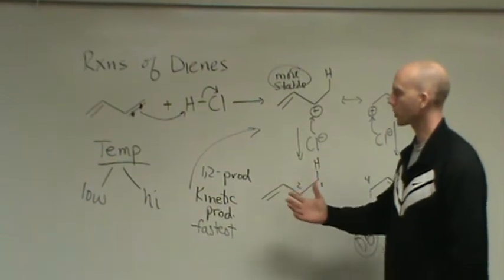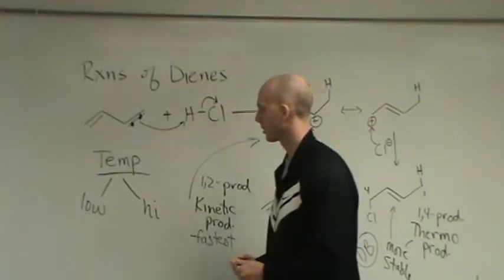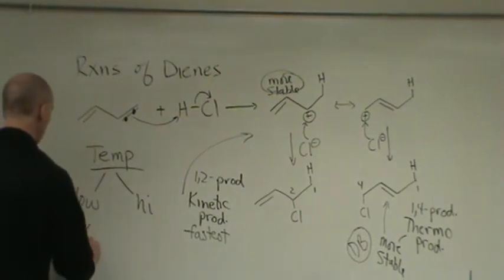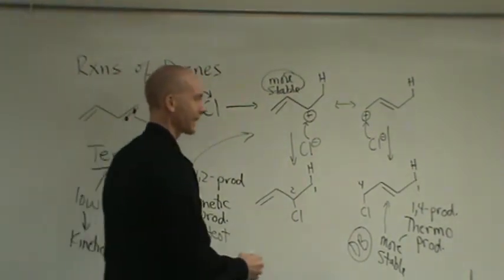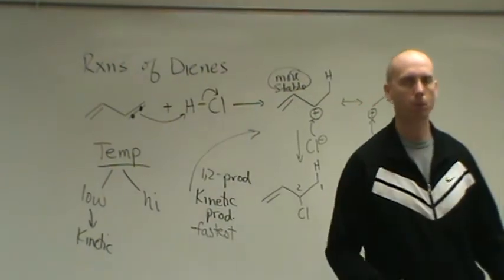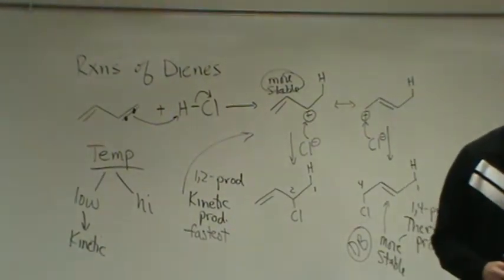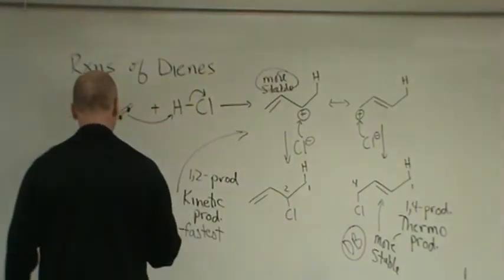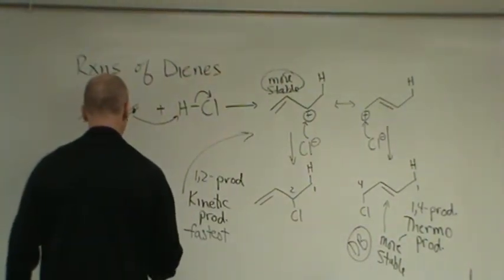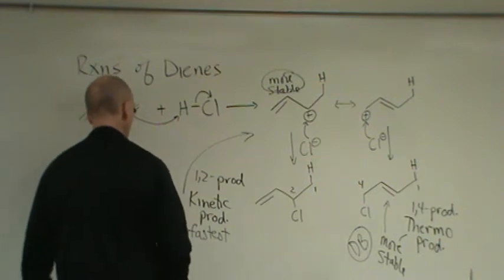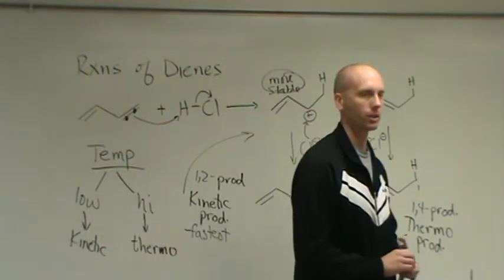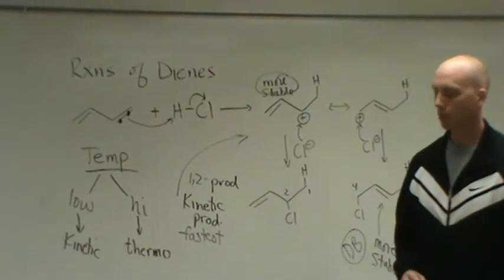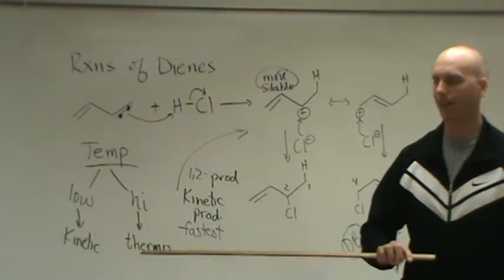If we're doing the reaction at low temperature, the kinetic product is the major product. If we're doing the reaction at high temperature, the thermodynamic product is the major product. You might ask, why is that the case?